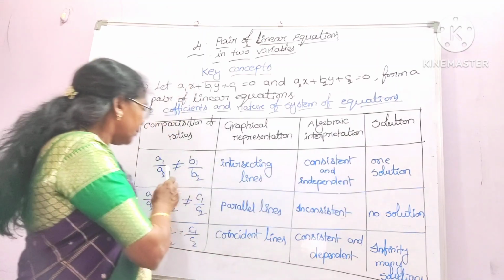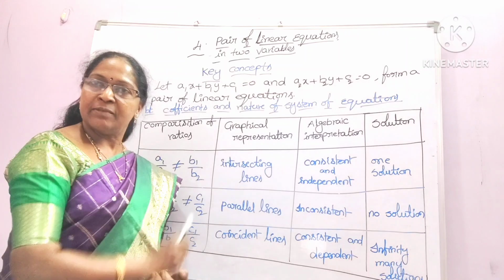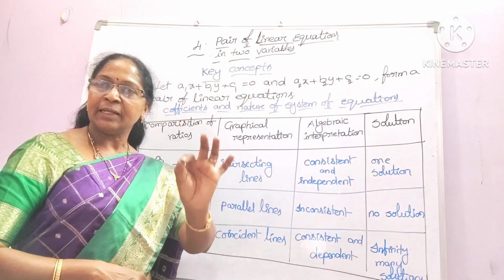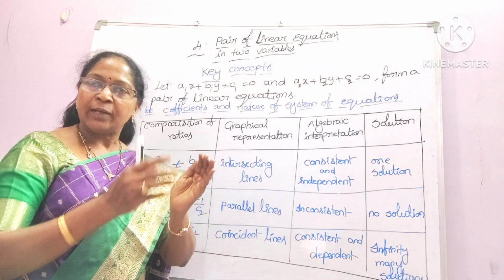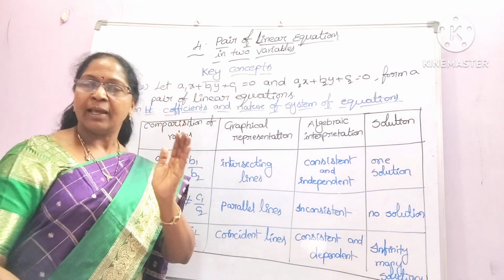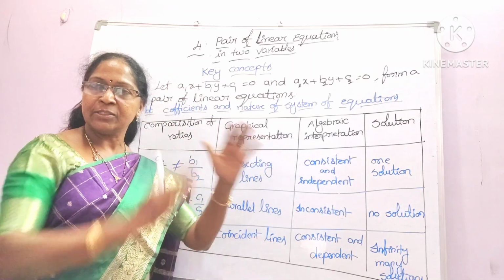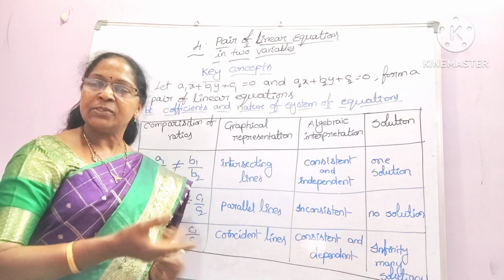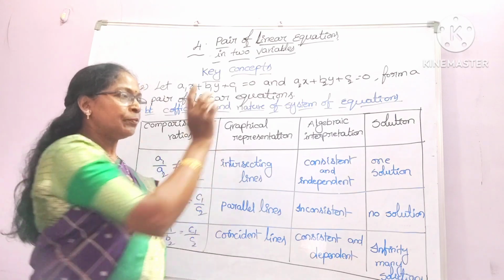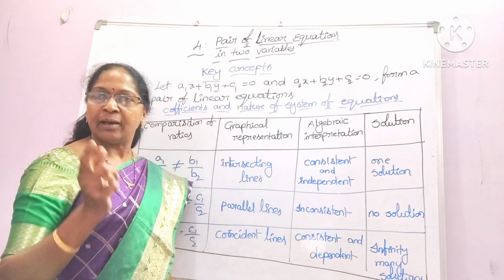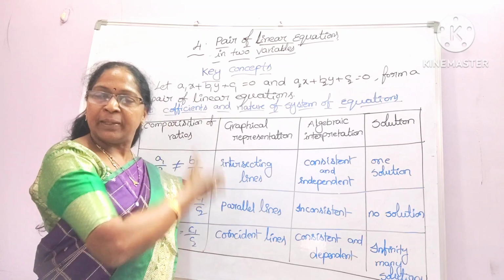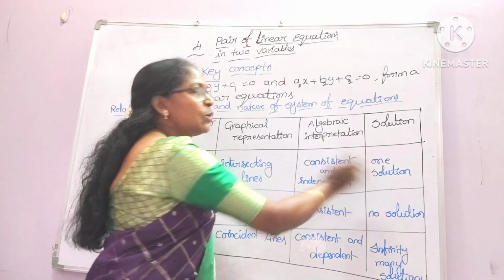Now, whenever these two are intersecting lines, wherever they intersect, at that intersecting point, draw the lines to the x axis and to the y axis, and those two values, x and y, are the answers to the particular question. So that is the solution.